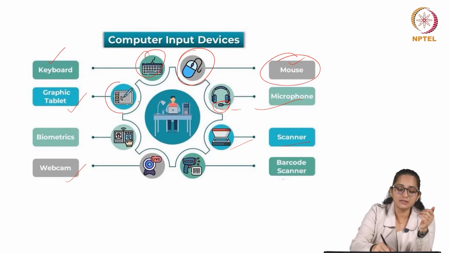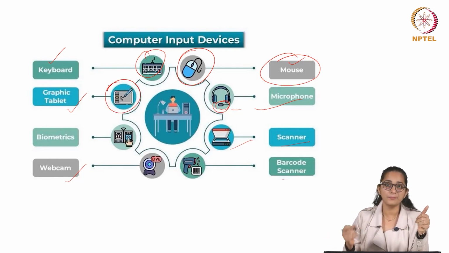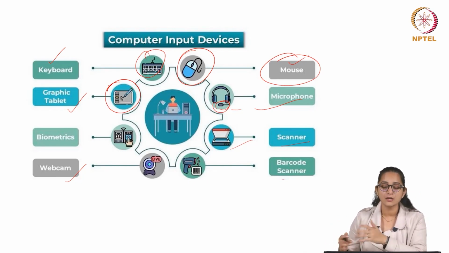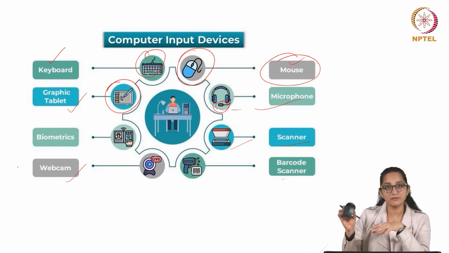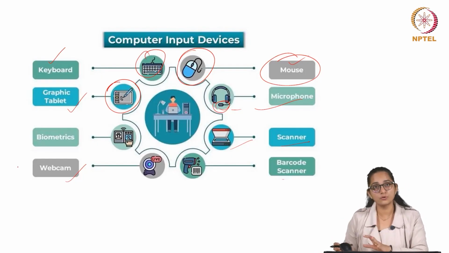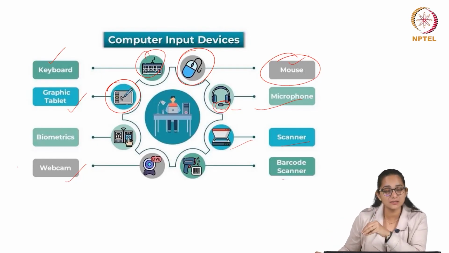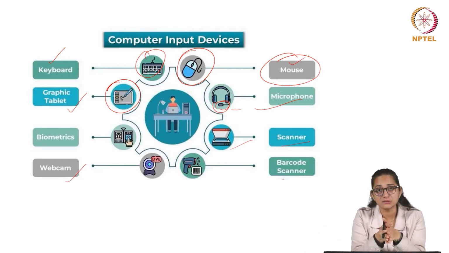So basically like a graphic tablet where there is an external pen and an external surface, or a mouse where there is an external device and then that device is moved on an external surface where the movement is only translated on the screen.